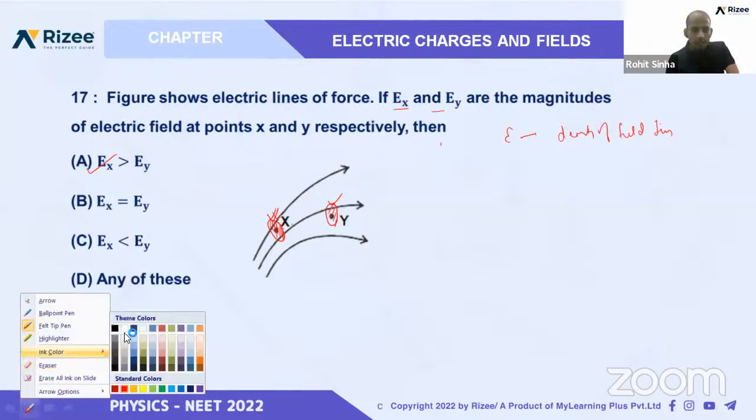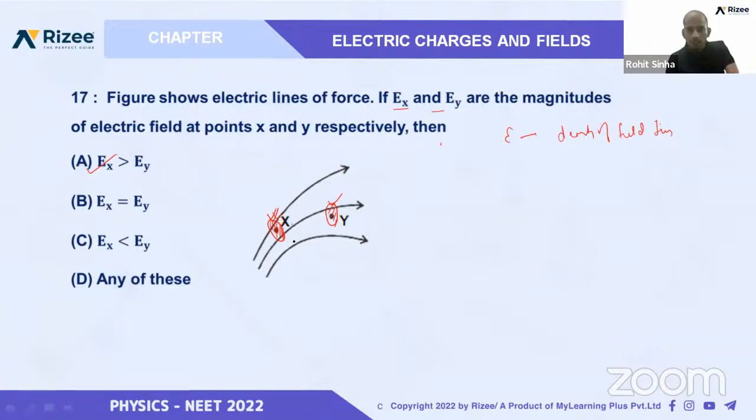What it is telling is that, we have learned in our theory that whenever there are field lines present anywhere, how do we... not this last. These two.